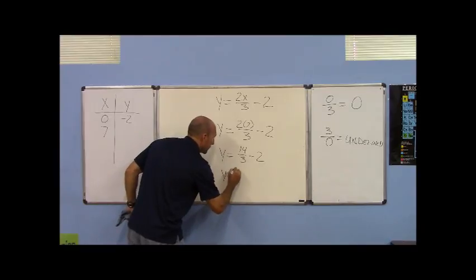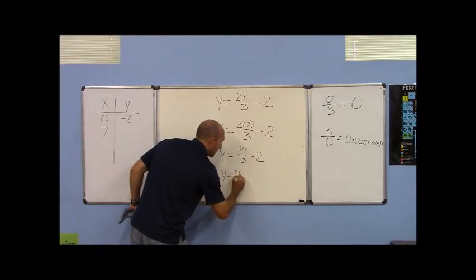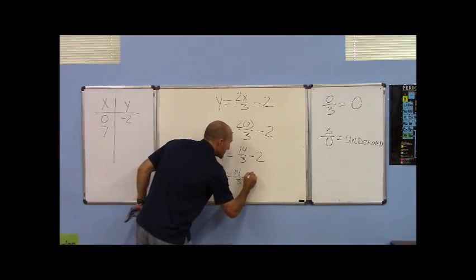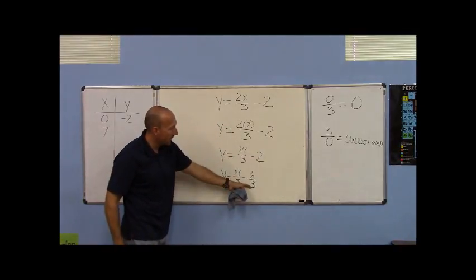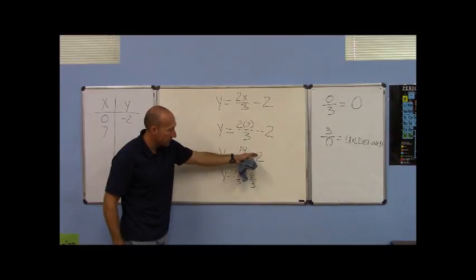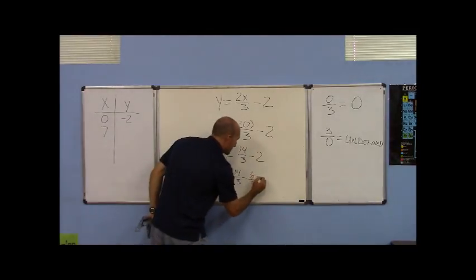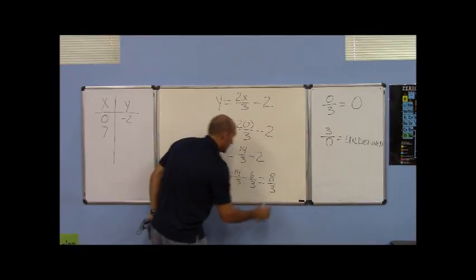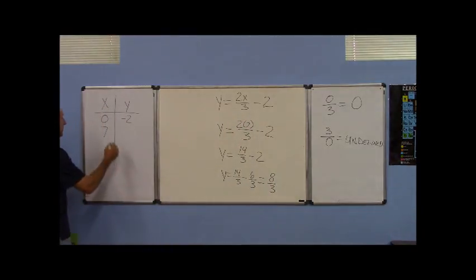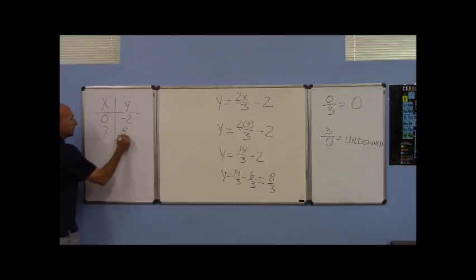So y equals 14 over 3 minus 6 over 3. Because in order for this to have a denominator of 3, we have to multiply the top times 3 now, which gives us 8 over 3. So now we get to plot a fraction of 8 over 3.